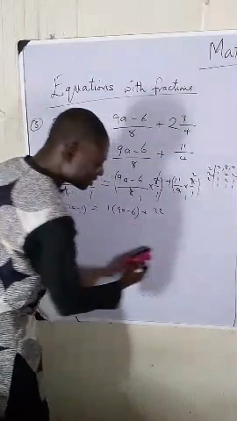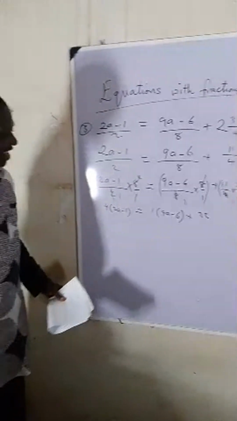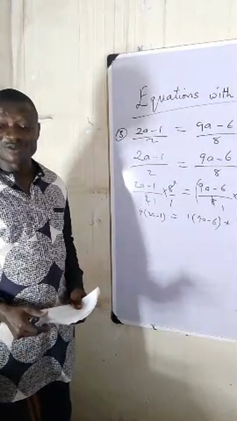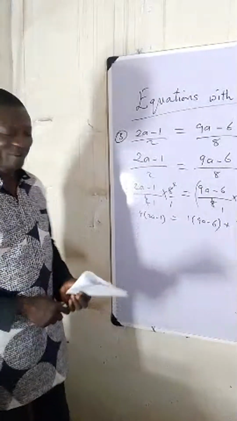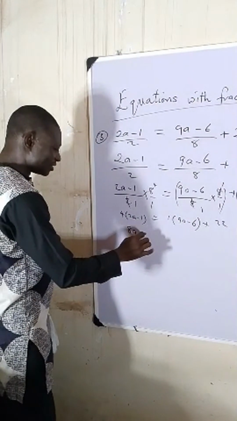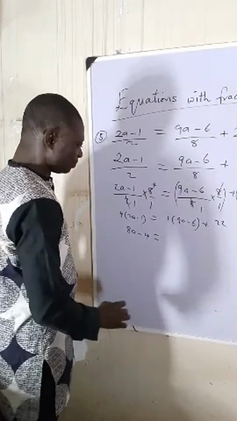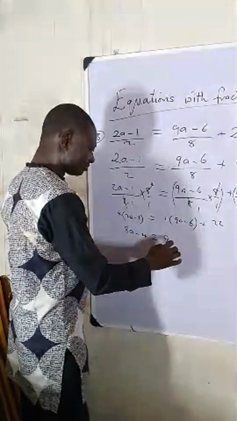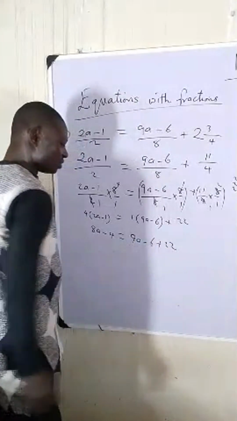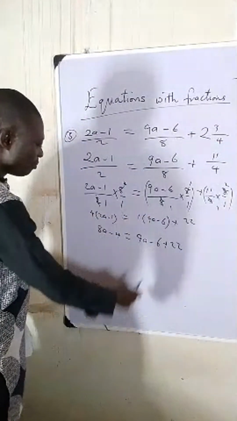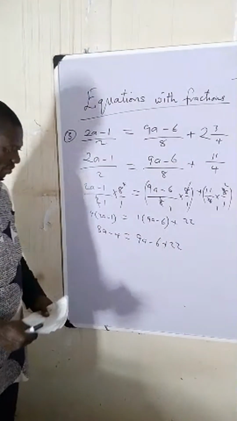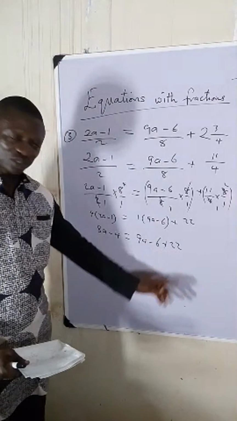As we clear the bracket, we collect like terms, and the work is as good as finished. So we have 8a minus 4 being equal to 9a minus 6 plus 22. To start with, we have more like terms on the right hand side. So we have minus 6 plus 22.